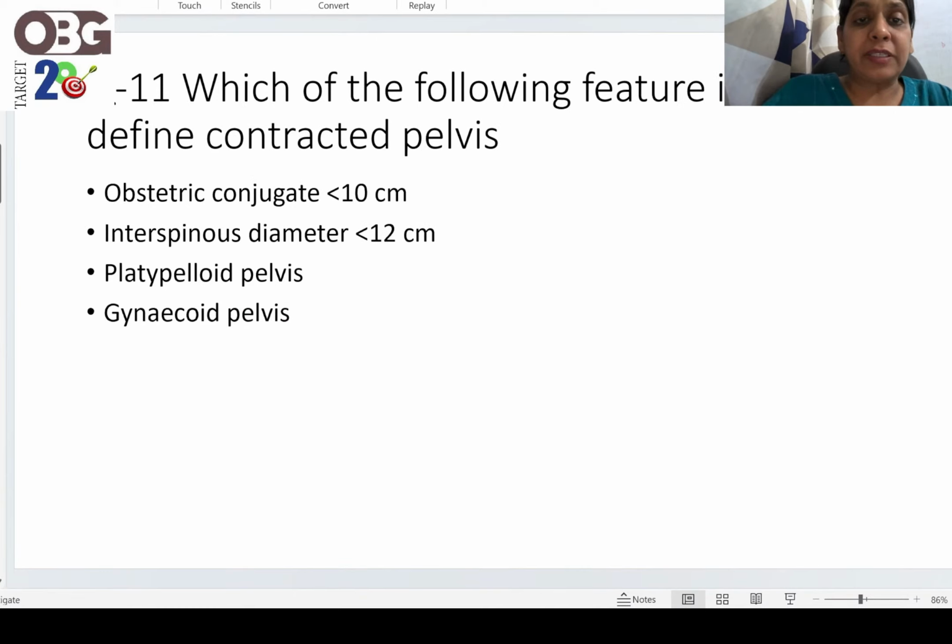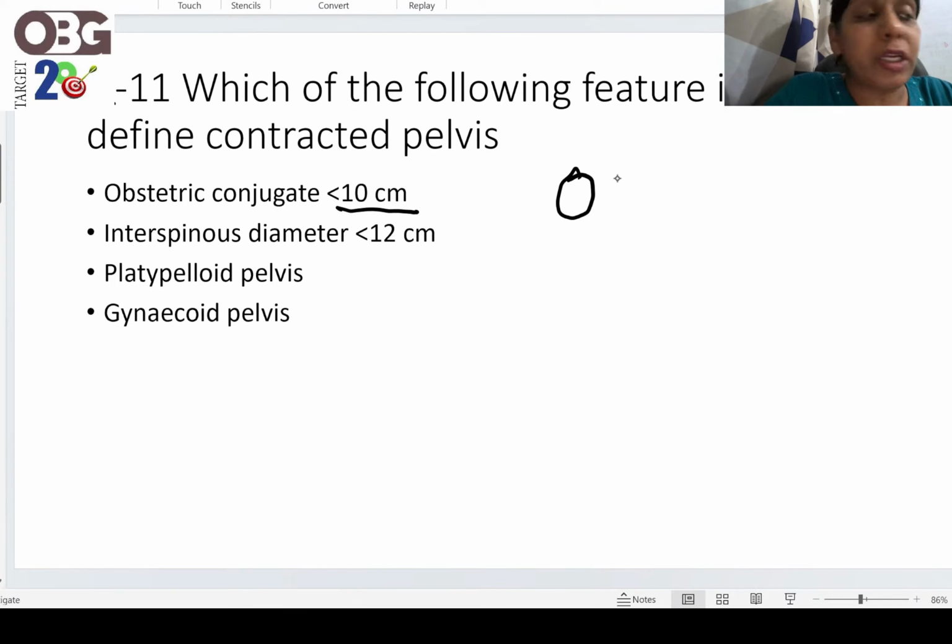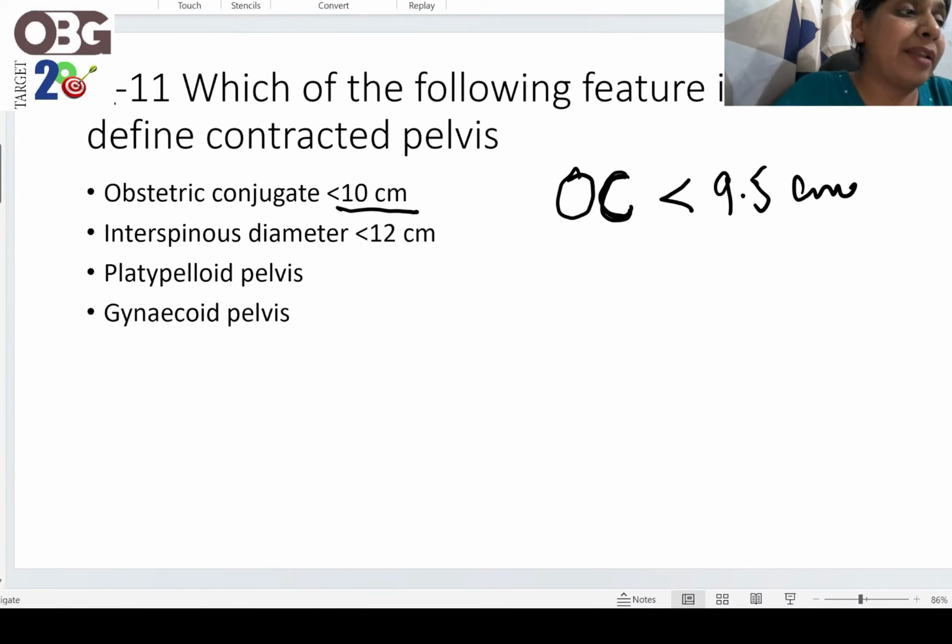Which of the following features is used to define contracted pelvis? So the obstetric conjugate should be less than 10 centimeter. As I already told you, the obstetric conjugate is the shortest of all the anterior-posterior diameters. It is of very clinical relevance, and if it is less than 9.5 centimeter, the pelvis is known as a contracted pelvis.